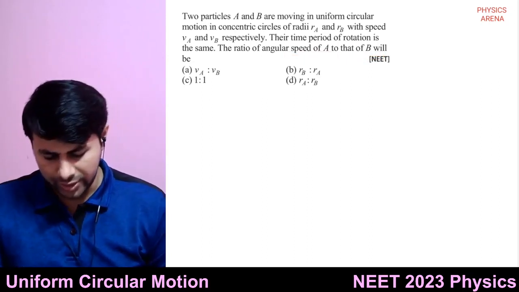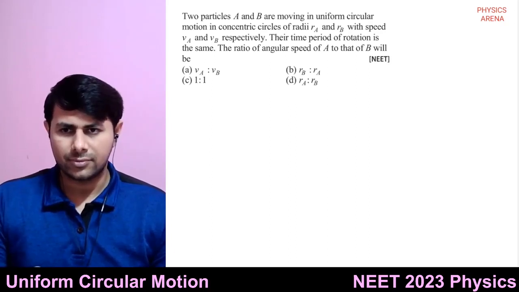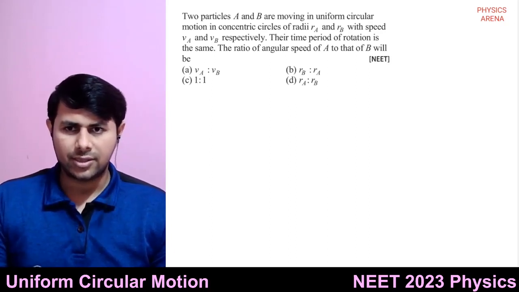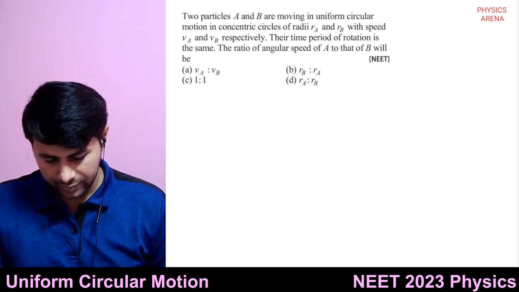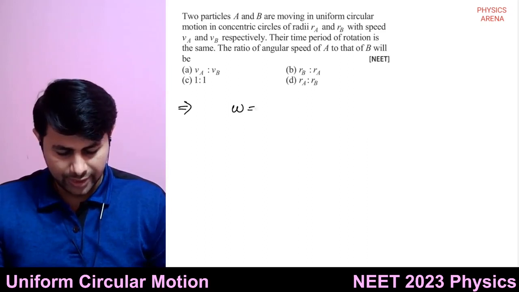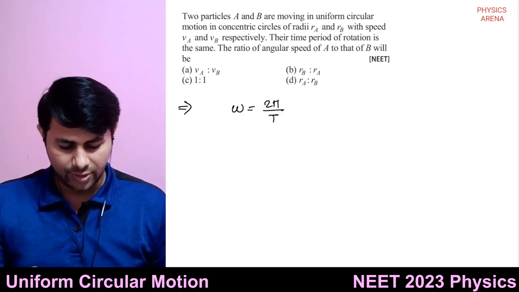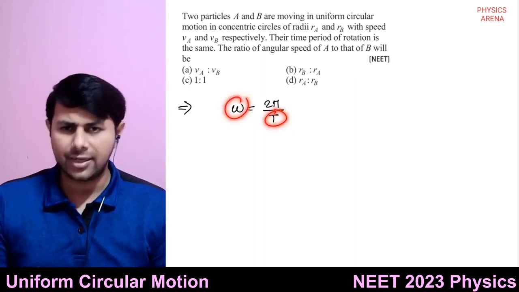So how do we solve it? T is equal to 2 pi by omega, so omega is equal to 2 pi upon T. If T is equal, can I say omega will be equal?